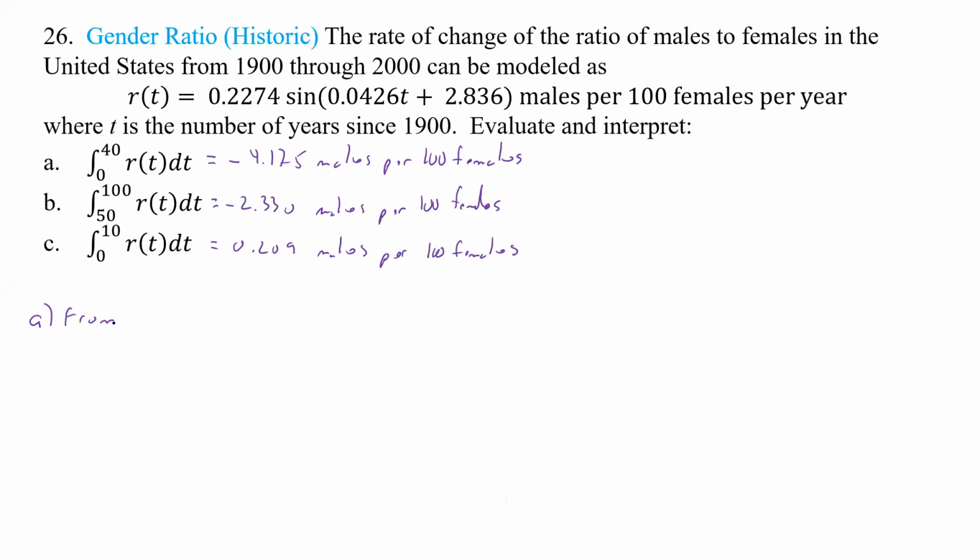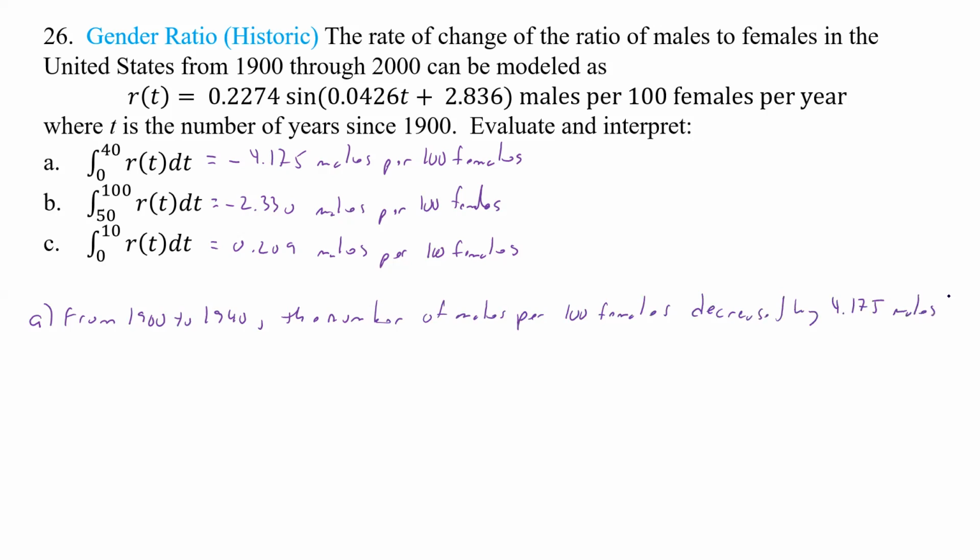So from 1900 to 1940, the number of males per 100 females decreased by 4.175 males per 100 females.